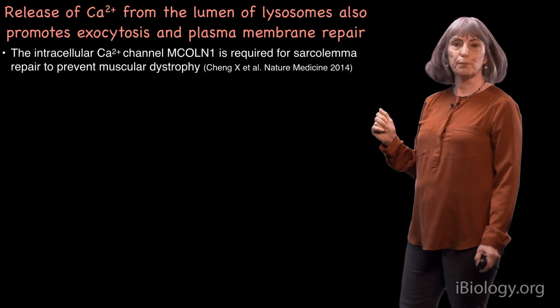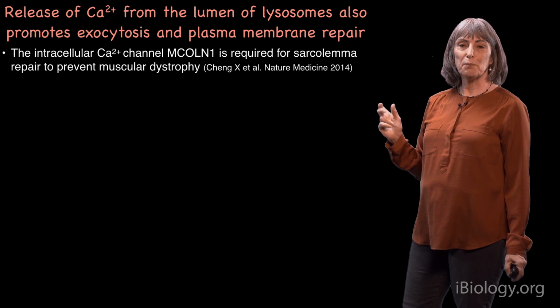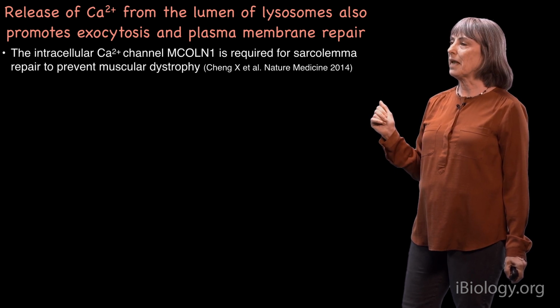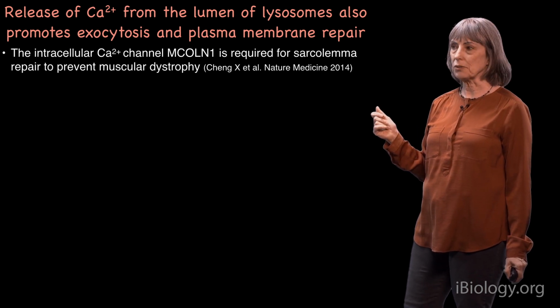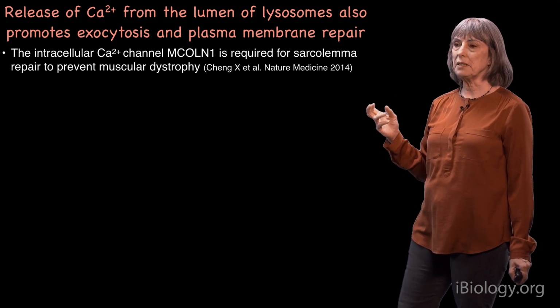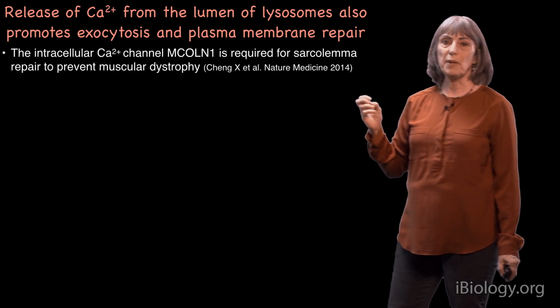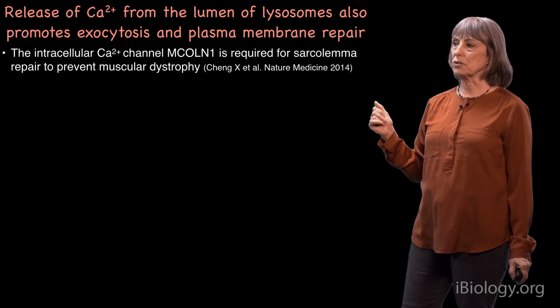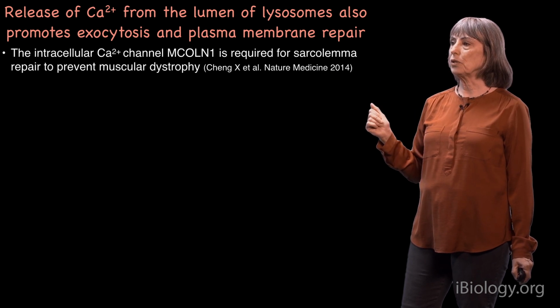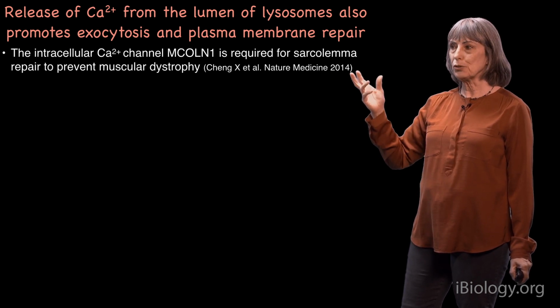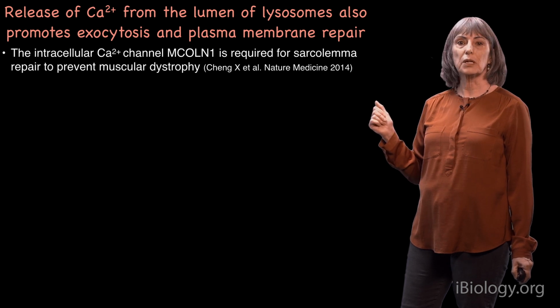I'll talk more about this in my second talk, but I would just like to mention here that what has emerged recently is that lysosomes themselves are also an important source of calcium. There have been very interesting studies looking at the channels that mediate calcium release from lysosomes, like mucolipin-1, and mice with mutations in these channels also develop muscle pathology, a form of muscular dystrophy.